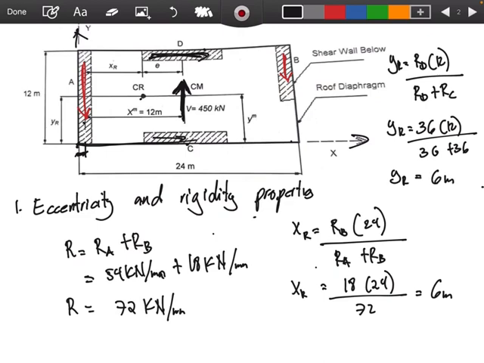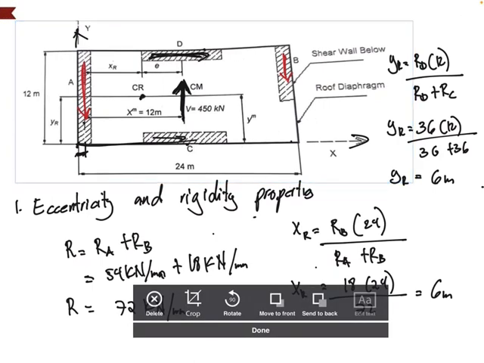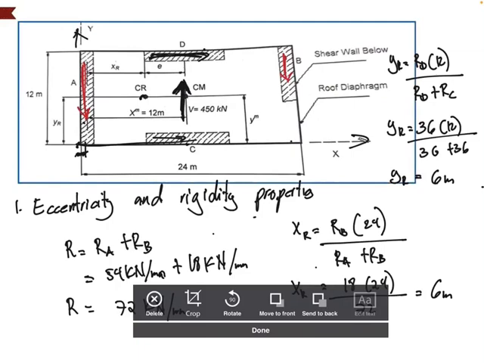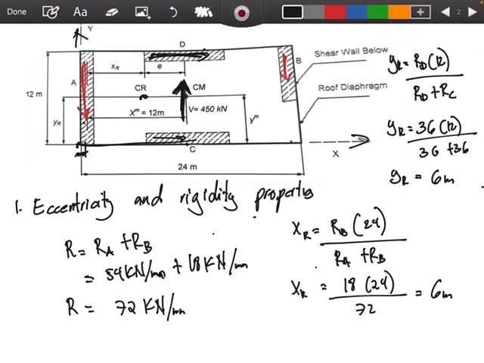So, yung X sub R natin, meaning, yung center of rigidity natin ay 6 meters mula dito. Nag-move kasi yung ating ganyan. Mula dyan, tapos, yung Y sub R natin, 6 meters mula naman dito. So, parang magkalinya lang sila ng CM.